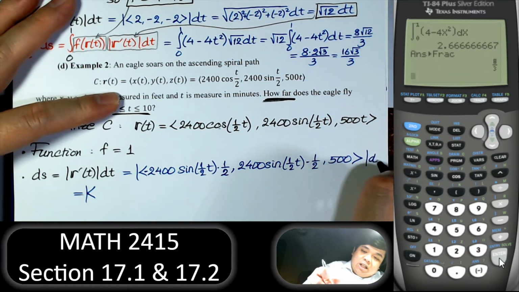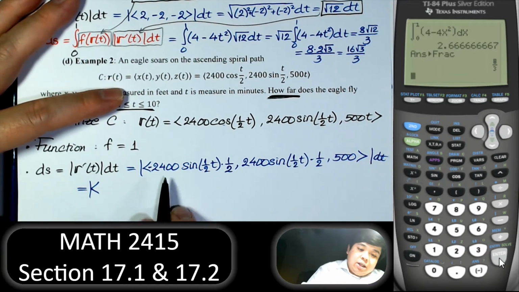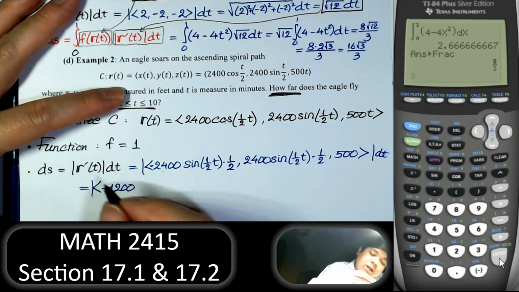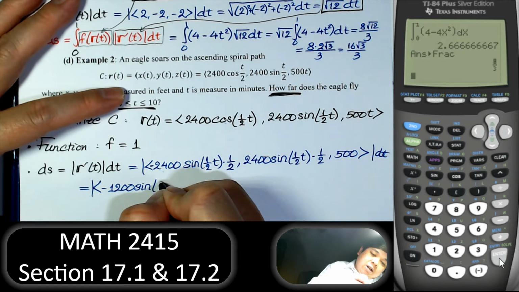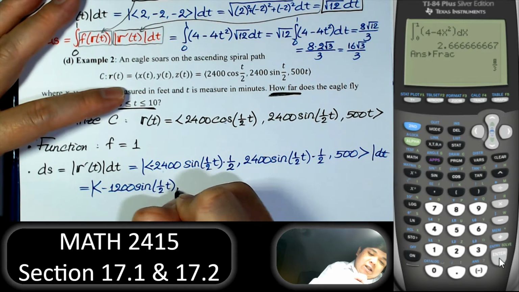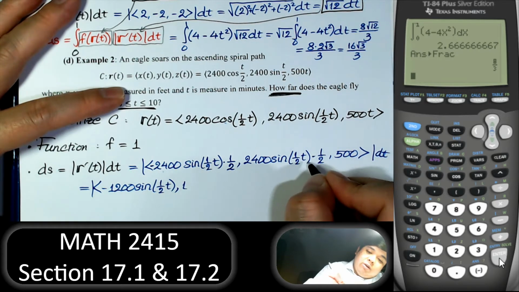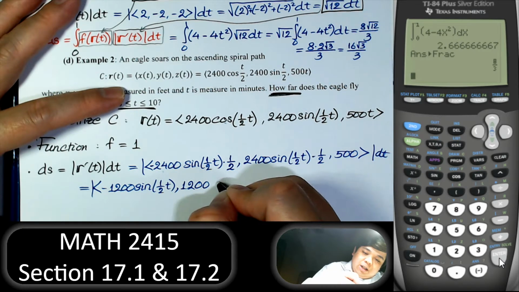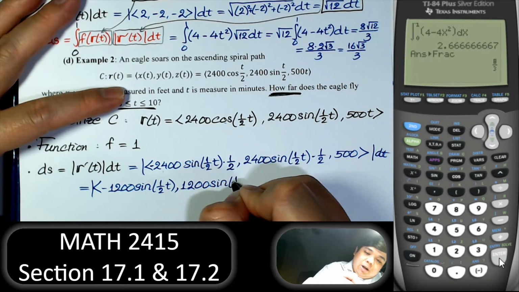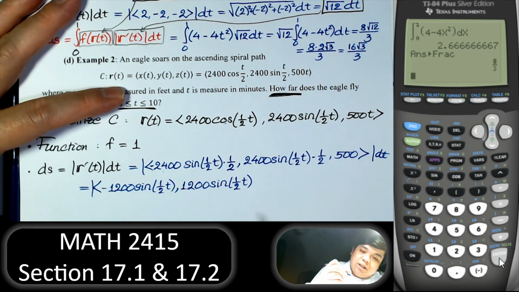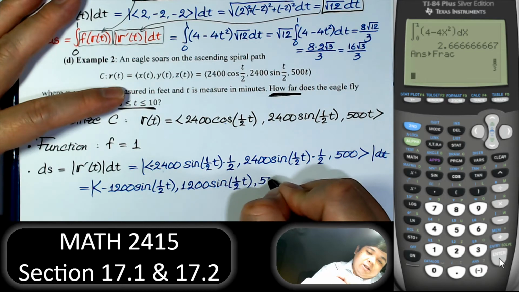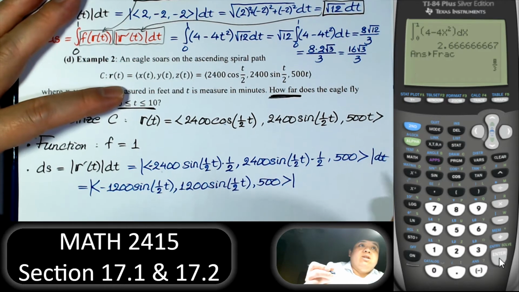Oh, don't forget there's dt. Right, so the 1/2 cancels, and we have negative 1200 sine of 1/2 t, and then 1200 cosine of 1/2 t, and then 500. So that is the derivative vector.